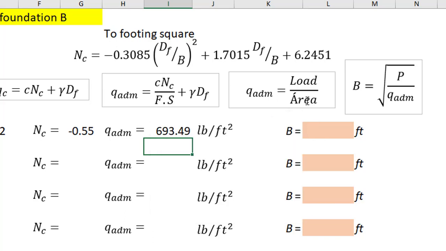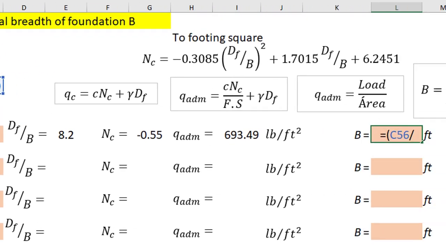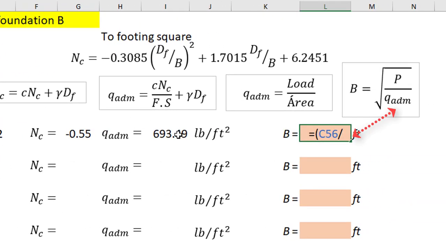It is B by B. Clearing the value of B, B is equal to the square root of the axial load between the bearing capacity.